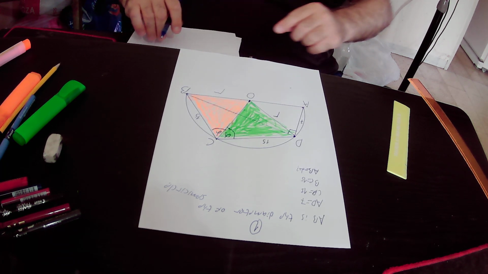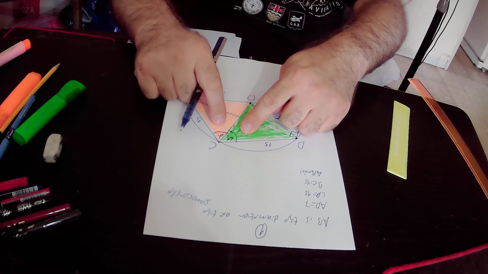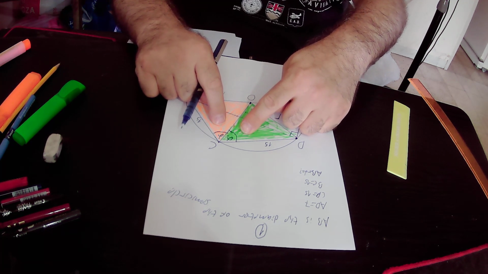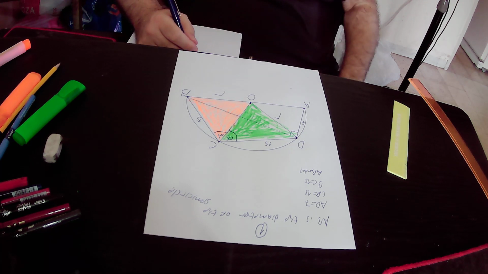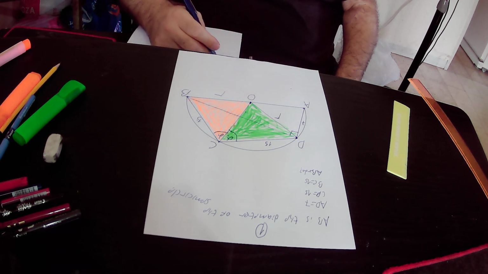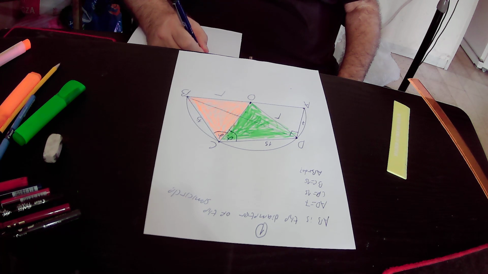And we also know that those two angles are equal to each other. They are equal to alpha. So angle OCD in the green triangle is equal to angle OCB in the orange triangle.